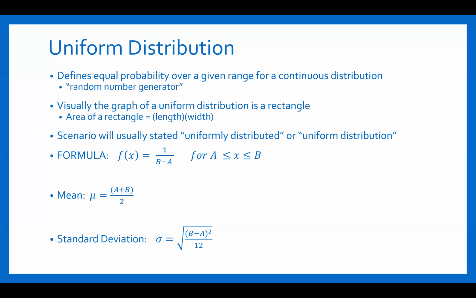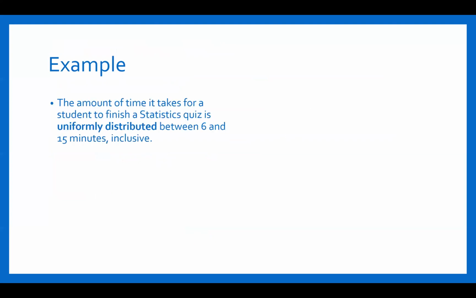Okay, I think we're going to dive into some examples here. Here's the first example. The amount of time it takes for a student to finish a statistics quiz is uniformly distributed between 6 minutes and 15 minutes inclusive.